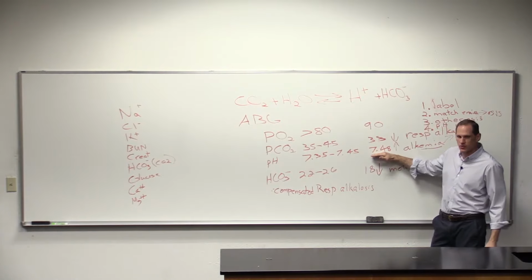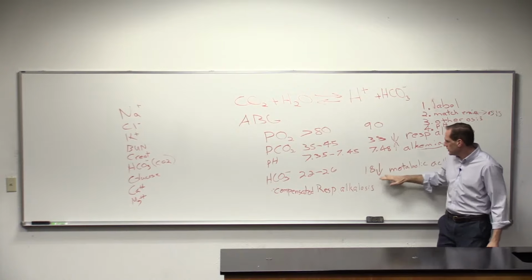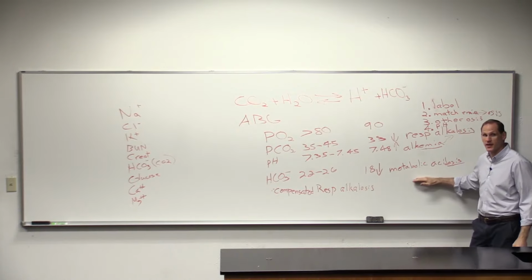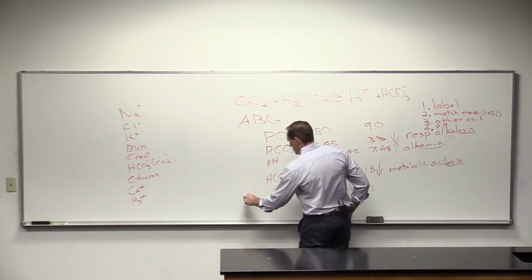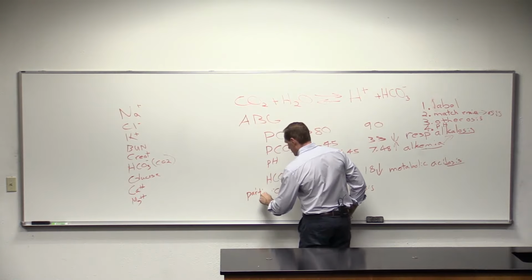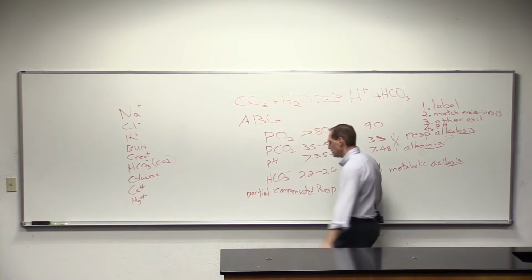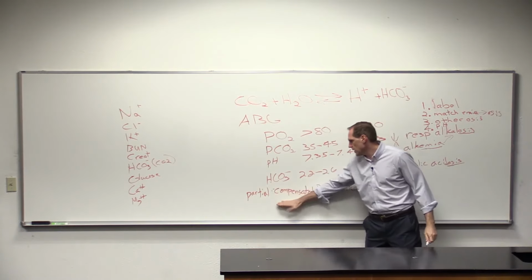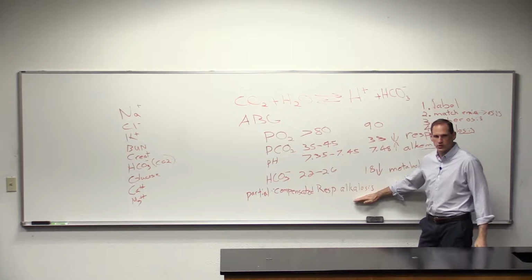And is that in that normal range or outside of the normal range? It's outside of the normal range. So even though our kidneys are compensating, are they compensating enough? No, they're not. So that makes it partial. So we have partially compensated respiratory alkalosis.